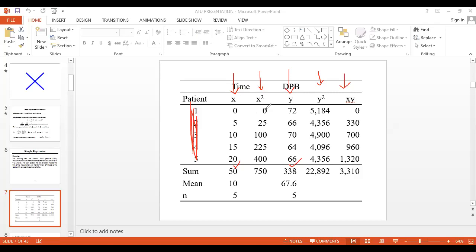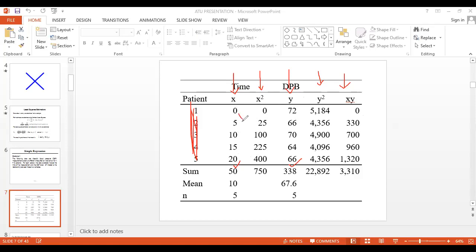So you square this: 0 squared, 5 squared, 10 squared, 15 squared will give you 225, and then 20 squared will give you 400. Then you do the same for Y, and then you multiply your X and Y. So 0 times 72 will give you 0. 5 times 66 will give you 330. 10 times 70 will give you 700. Then after you are done, you find the sums.